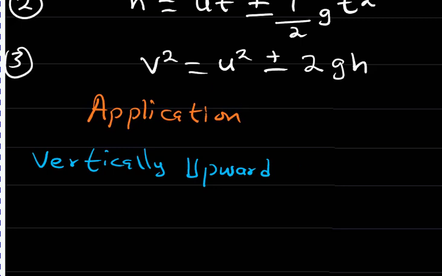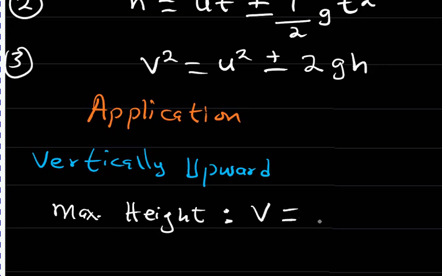If the object is going vertically upward, there's one thing you should always take note of. It will eventually reach the maximum height. At the maximum height of every object going upward, the object does not have any velocity. The final velocity is equal to 0. Please take note of that.